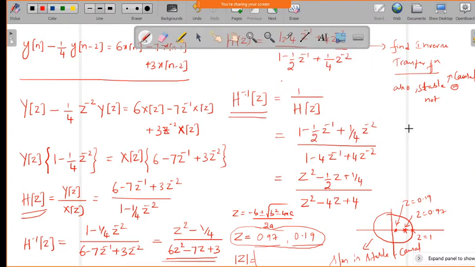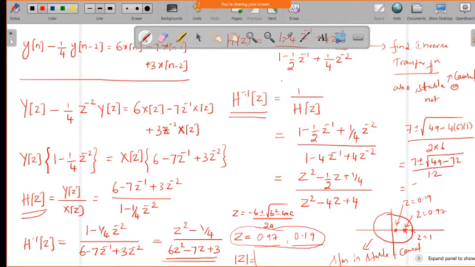So minus b, that is plus 7, plus or minus square root of 49 minus 4ac, 4 into 6 into 3, divided by 2 into 6, which is equal to 7 plus or minus square root of 49 minus 72, divided by 12.